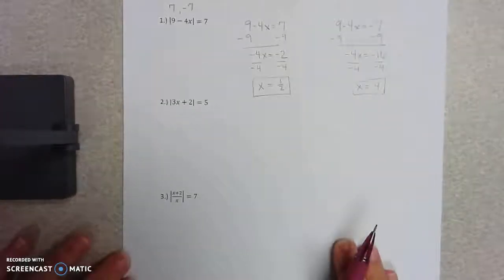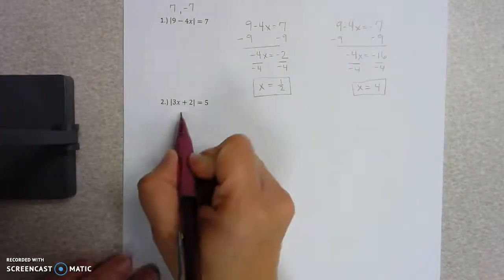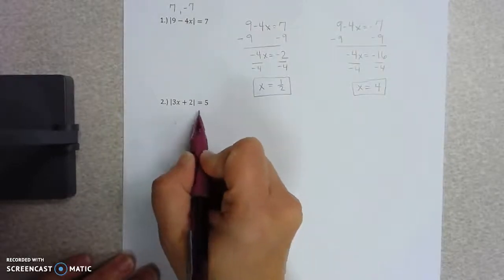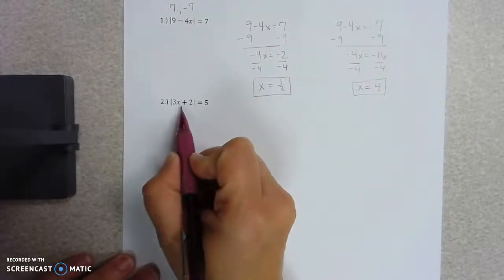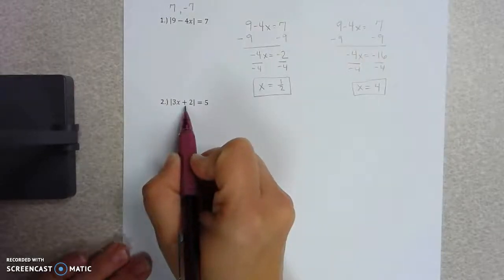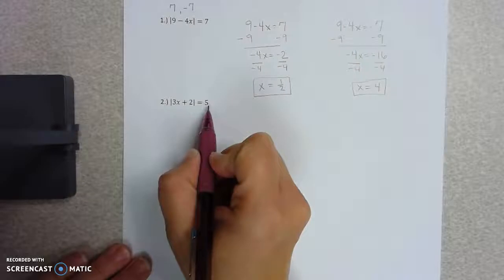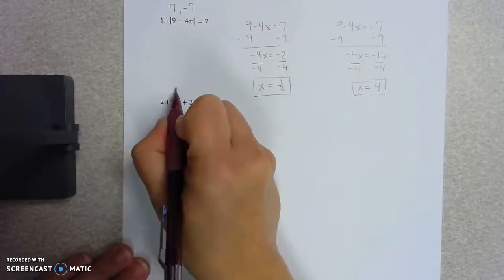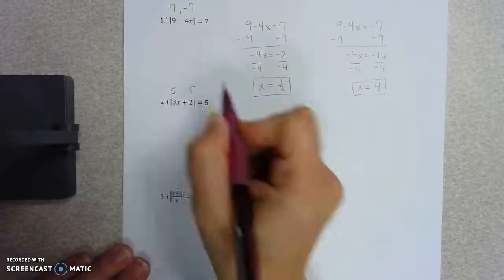For the second one, we want to know the absolute value of 3x plus 2 equals 5. We want to know what goes in x's place so that when we take the absolute value, it is a distance of 5. We know there are two numbers that are a distance of 5 from 0, 5 and negative 5.